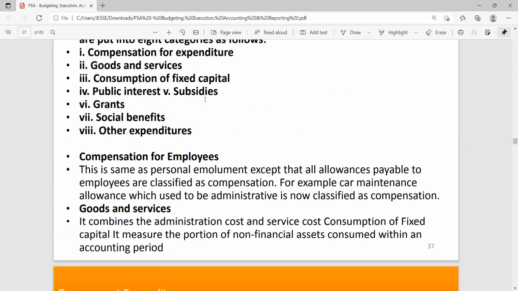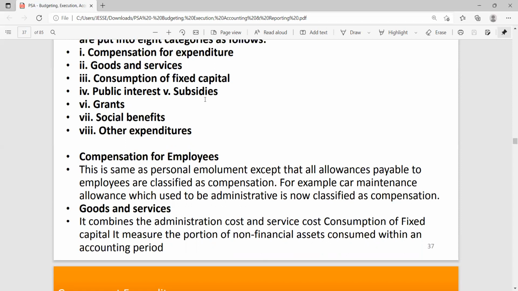Now let's start with the first one, compensation for employees. This is the same as personal emoluments, except that all allowances payable to employees are classified as compensation. So this is basically expenditure that is spent on compensating employees for their work done.